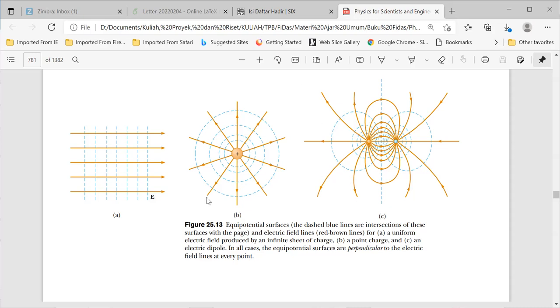Jadi di sepanjang garis biru ini, untuk E yang konstan, itu permukaan potensial, sedangkan untuk muatan titik memang punya simetri bola, jadi permukaan ekipotensialnya berbentuk bola. Pada permukaan itu E-nya sama dan potensialnya sama. Ini sudah standar penamaan, permukaan ekipotensial, bukan permukaan medan listrik.